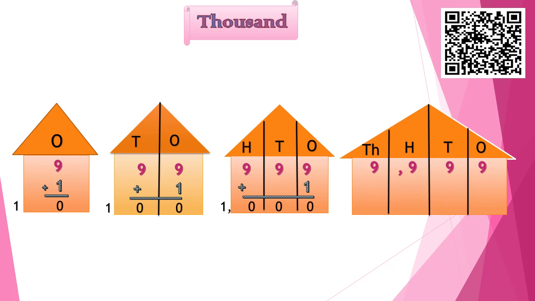This is our new house, and it has 4 rooms, ones, tens, hundreds, and our new room, which is thousands. The greatest number inside this house will be 9999. They are 4 nines.